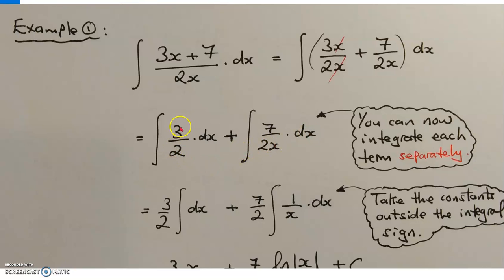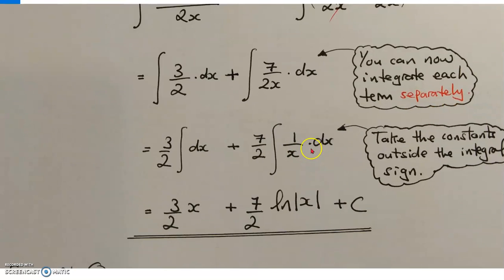Well, you take these constants, 3 over 2, outside the integral sign like that. And so you're really integrating 1 dx. And this 7 over 2, you can take outside the integral sign. And what are you really integrating? You're really integrating 1 over x dx.